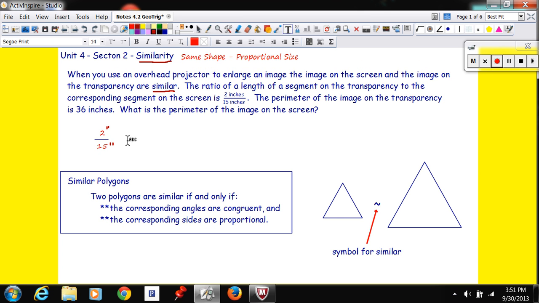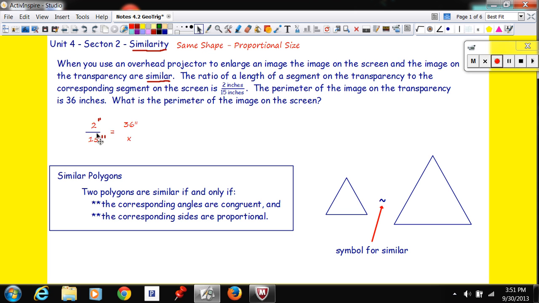And that's going to equal, and what we want to find out is if the perimeter of the image on the transparency is 36 inches. That's our top number. Transparency is our top number. So if 36 inches is on top, they want to know what's going to be on the bottom. How big would it actually be on the screen, which is going to be a lot bigger than 36 because it's a 2/15 scale factor right now.